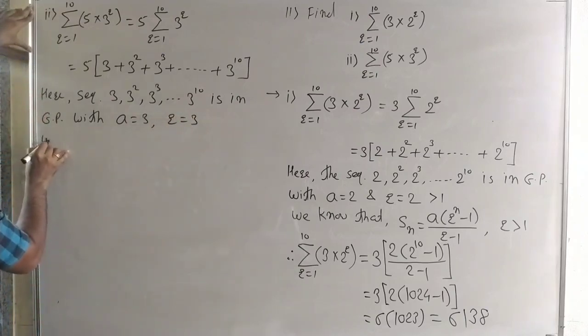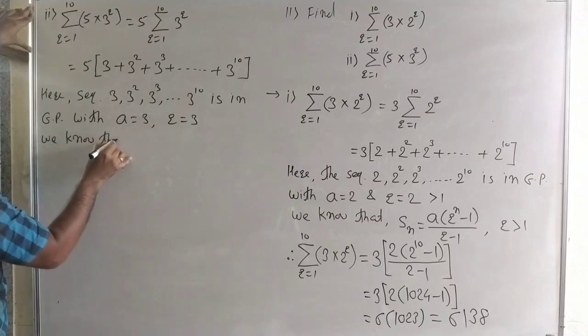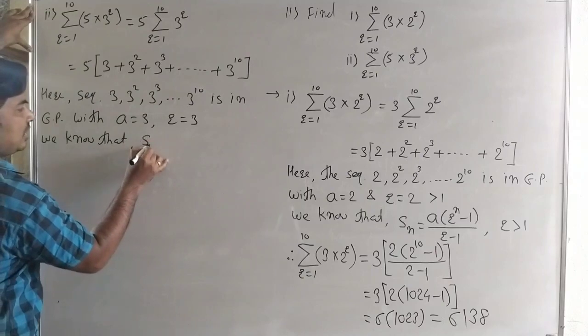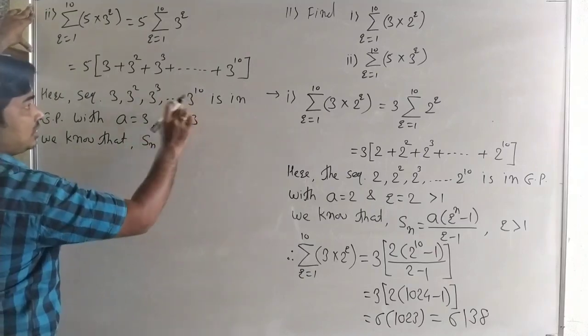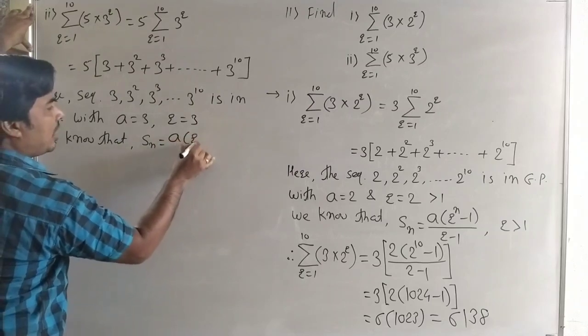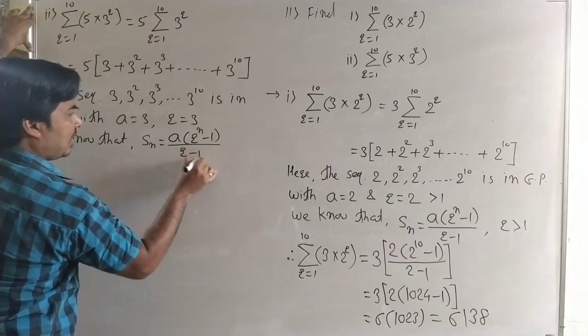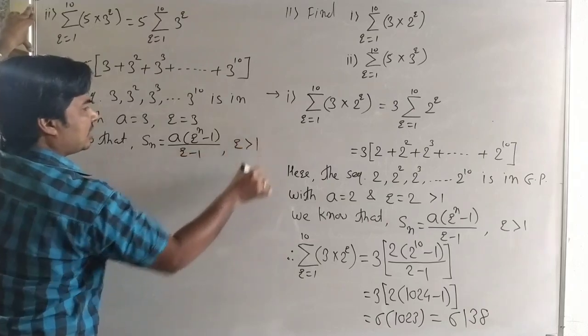Now we know that Sn, here we find S10 because these are the 10 terms. Sn is equal to a into r to the power n minus 1 upon r minus 1, where r is greater than 1.